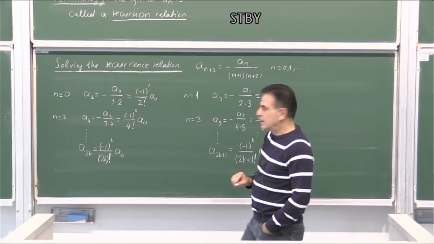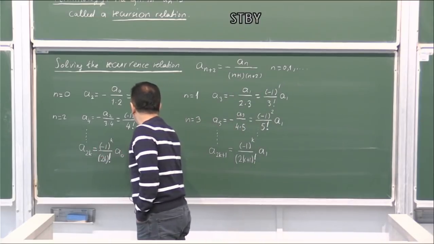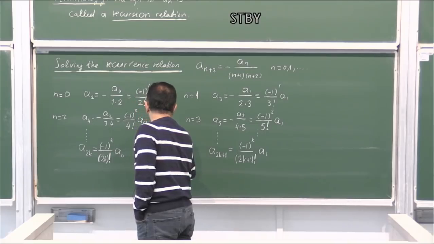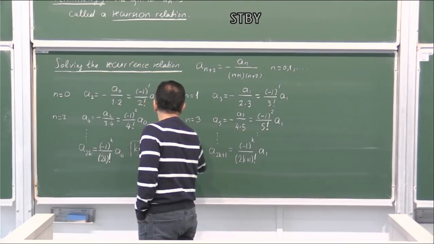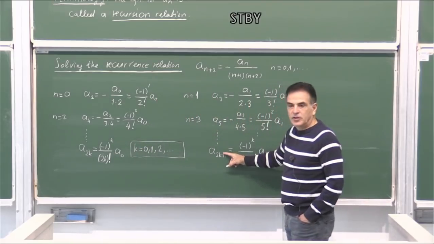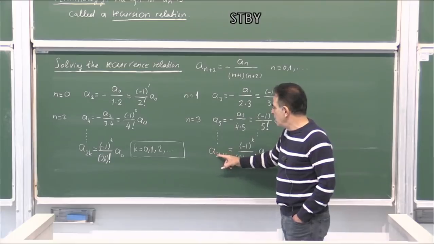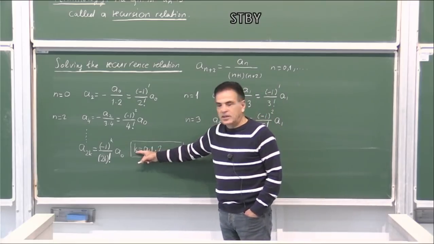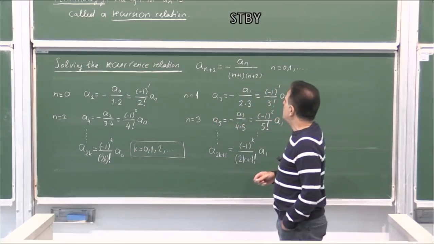As you see, this relation is true for k equal to 0, 1, 2, and so on, and similarly for this expression for a_(2k plus 1), with the index starting from 0.